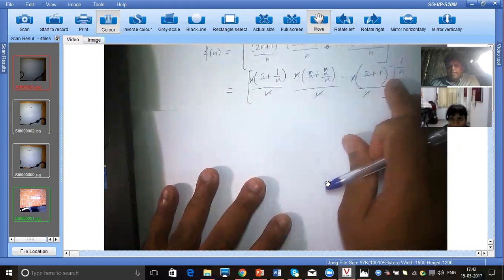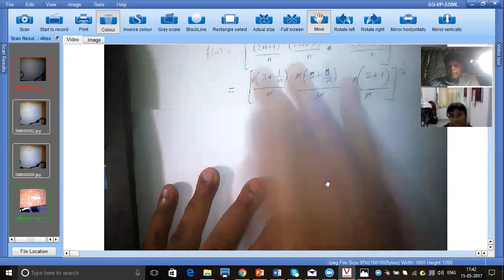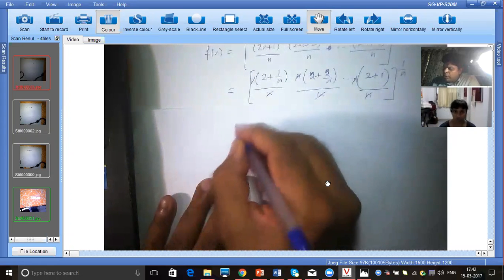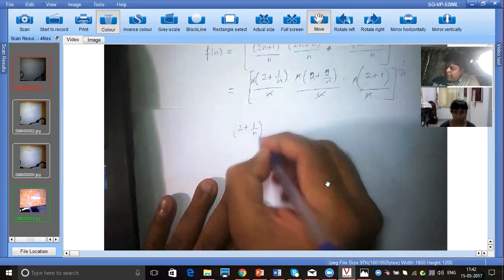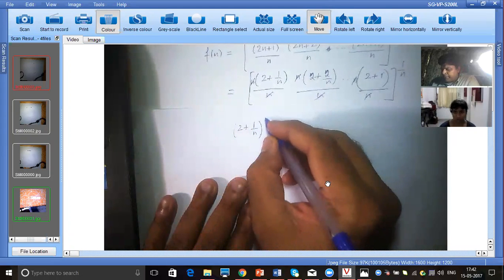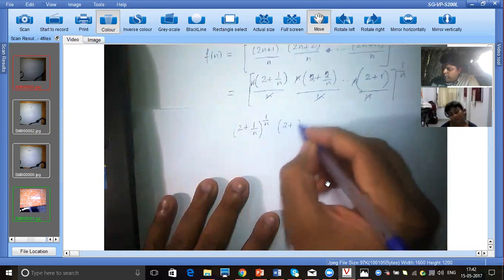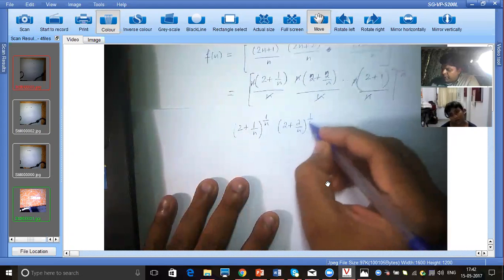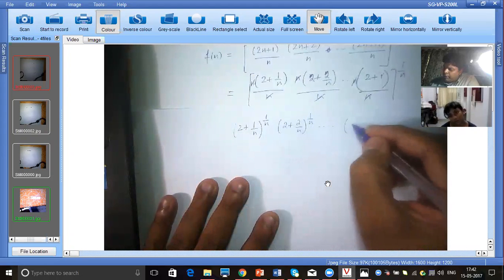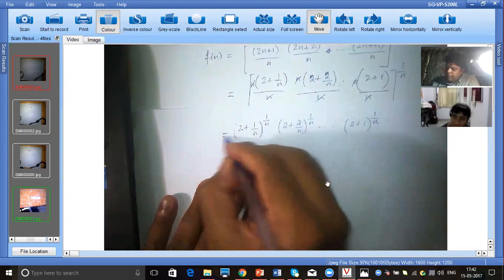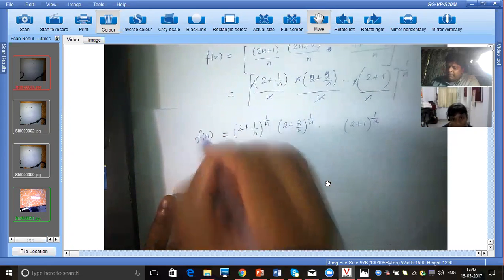So now 2 plus 1 by n whole to the 1 by n, 2 plus 2 by n whole to the 1 by n, and so on, up to 2 plus 1 whole to the 1 by n. This is equal to f of n, right?